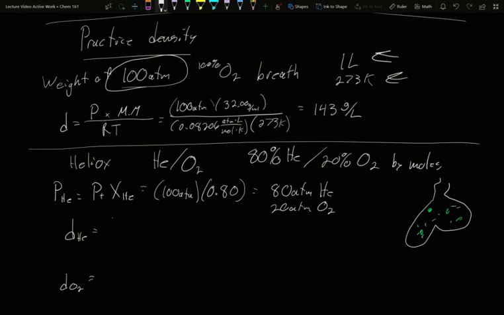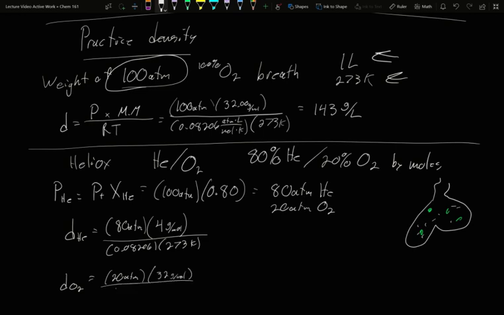And so I could solve with the pressure for the helium as 80 atmospheres. Molecular mass is 4 grams per mole. R is 0.08206, and 273. For the dioxygen, it's 20 atmospheres, 32 grams per mole, 0.08206, 273 Kelvin.